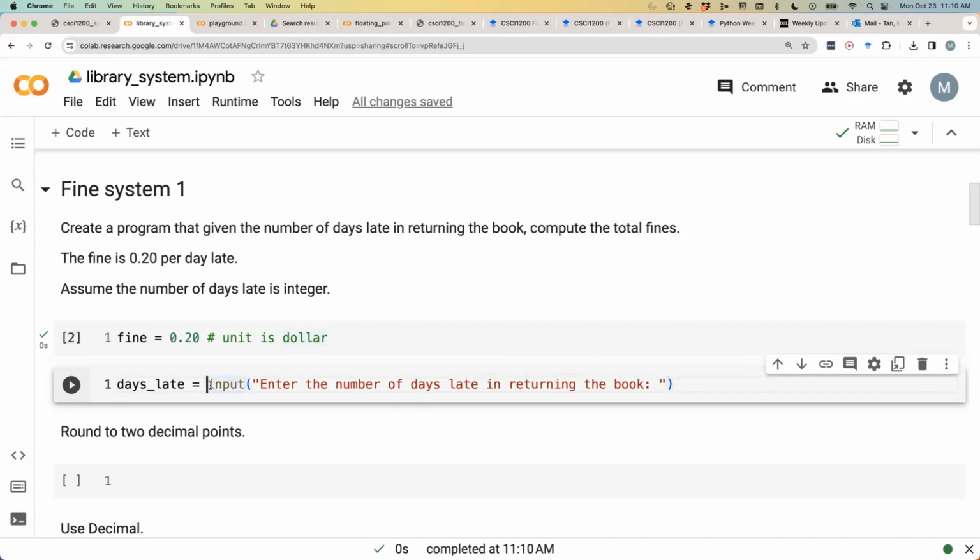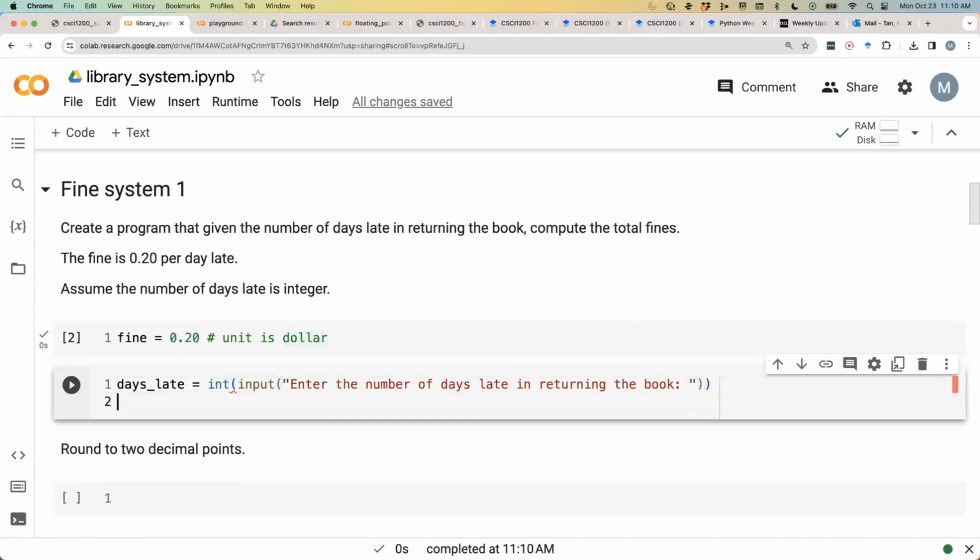Okay, and we assume the user always enters an integer for simplicity. And then we compute the total fine, which is equal to the number of days late. For each day late, you incur the fine of 20 cents, so it will be the value of fine.